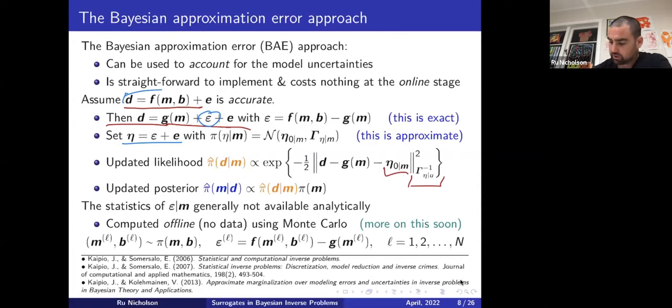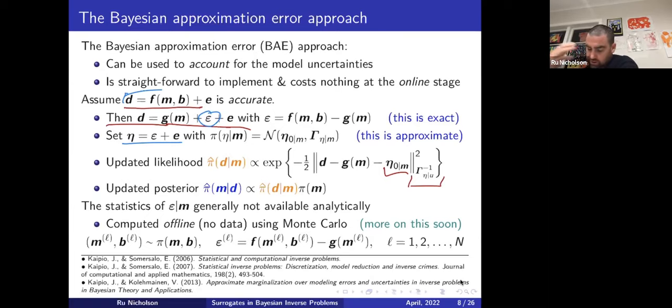The unfortunate part of this approach is that the statistics of the approximation errors cannot generally be computed analytically, a priori. So what is typically done is they're computed offline, before one collects any data, using Monte Carlo simulations. I'll talk a little more on that shortly. So what does that involve?